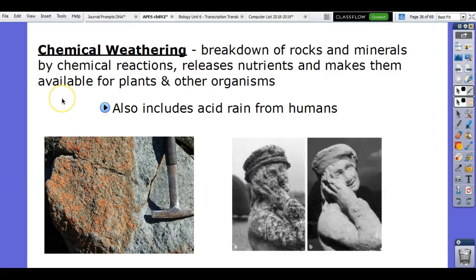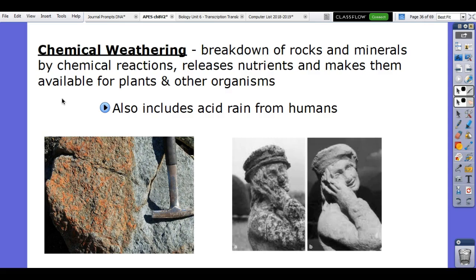And then the other thing we have is chemical weathering, so actually using chemicals. A good example of this is any kind of chemical reactions. There are plants that can release chemicals into the soil or into rocks.